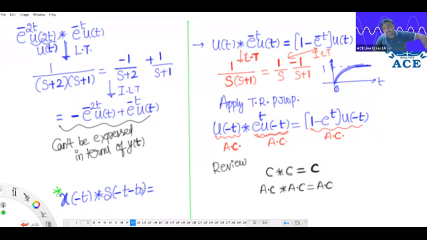What is the answer on the right side? x of minus t convolved with delta of minus t naught. Respond in the chat box. What will be the result?